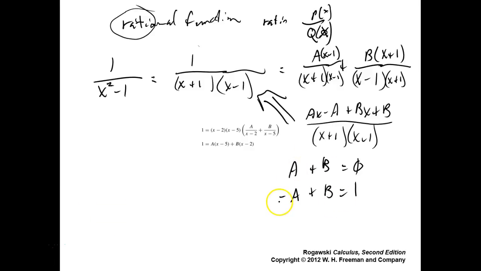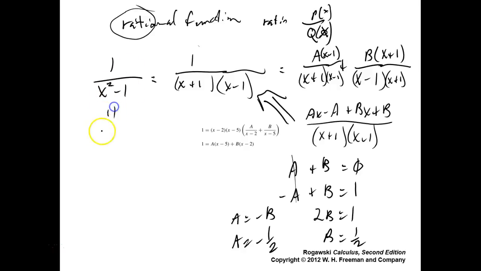add the two equations together. That goes out, and this will be 2b is equal to 1, b is equal to 1/2. Then the top equation tells you that a is equal to minus b. So if b is 1/2, a is equal to negative 1/2. So now we have our answer here.